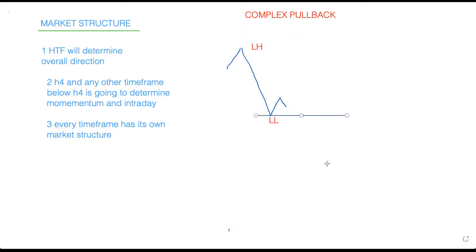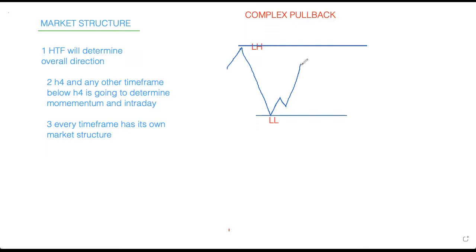It doesn't break it. Rather, it stays above, right? And what does it do? It comes in, it fails to break this previous lower high, because when it breaks this previous lower high, that's when we can say now we have break of structure, right? And what does it do?